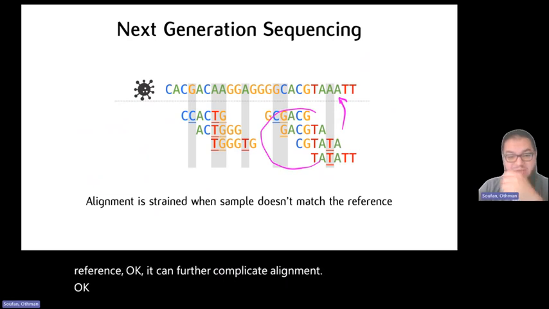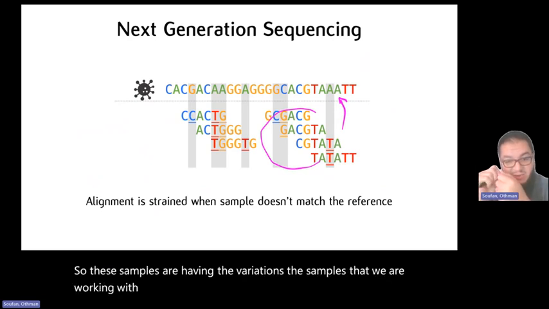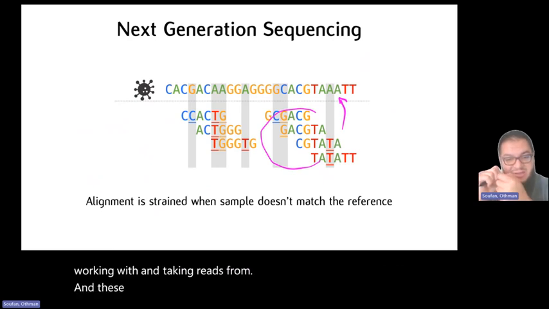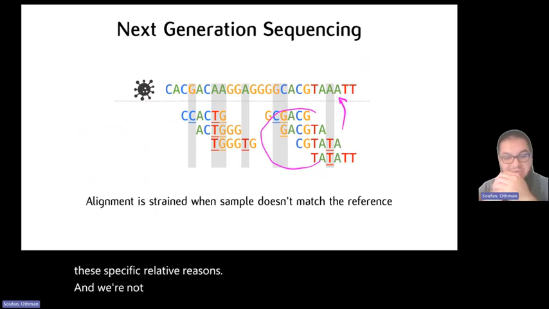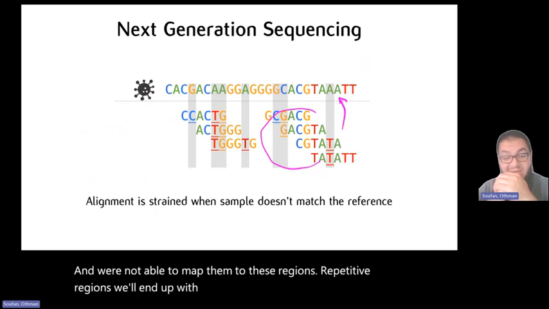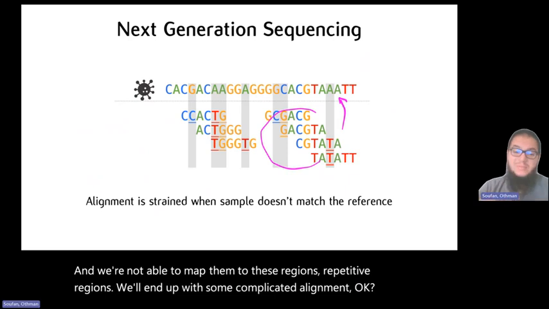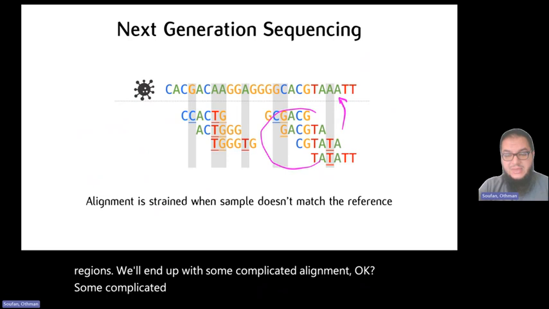If the samples we are working with and taking reads from have variations that affect alignment to these specific repetitive regions, and we're not able to map them to these regions, we'll end up with some complicated alignment, okay?